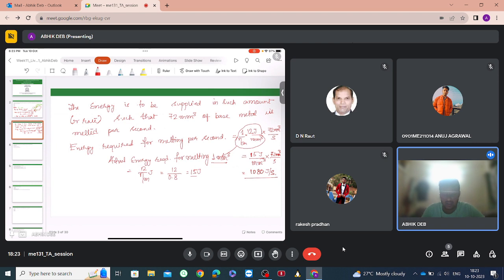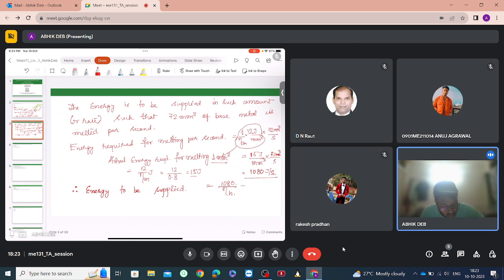That is, this is the energy that is to reach the base metal, not the energy to be supplied. Okay. Therefore, the energy to be supplied will be equal to 1080 divided by the heating efficiency. So this will account for the losses that will occur during the transfer of heat from the welding head till the base metal.